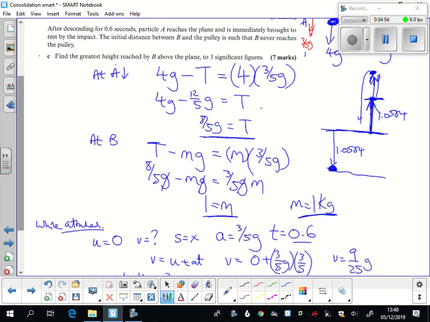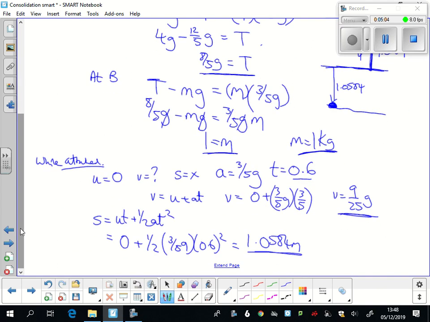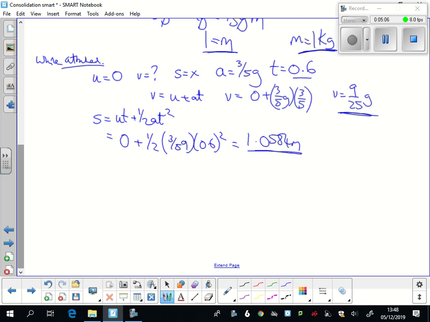At this point here, it's now going to keep going up for a little bit longer. We need to figure out now what that little bit longer is. So it says free moving now.